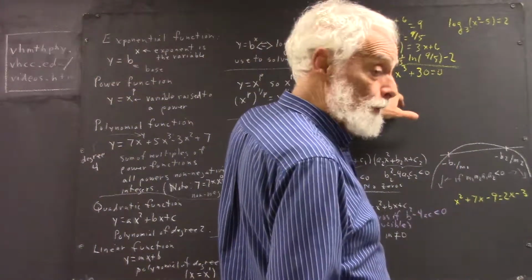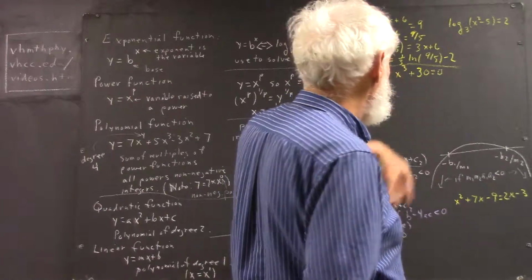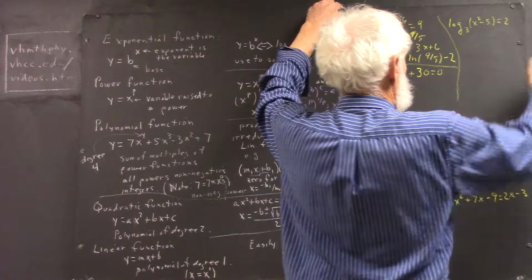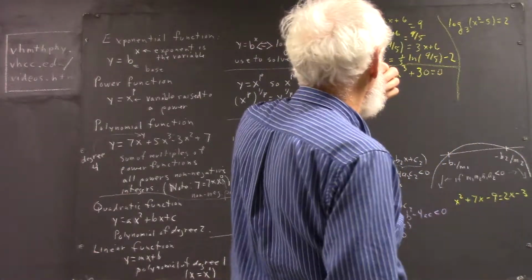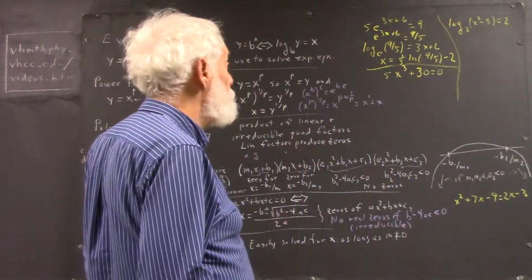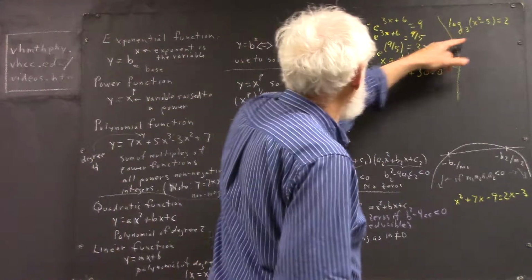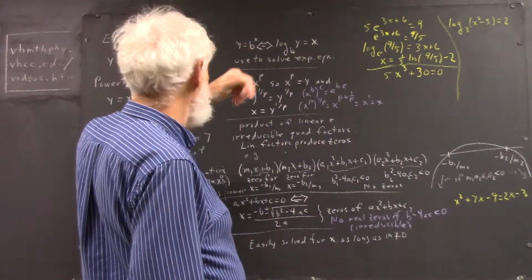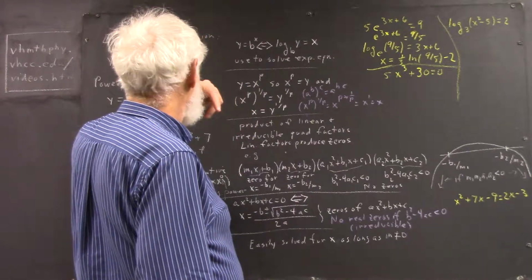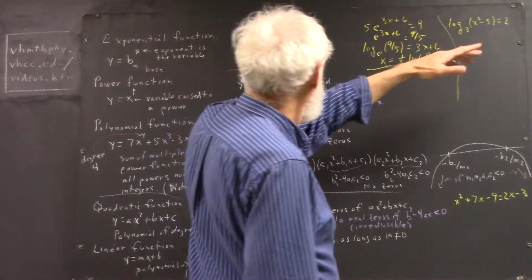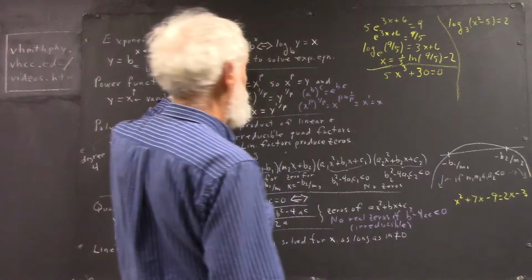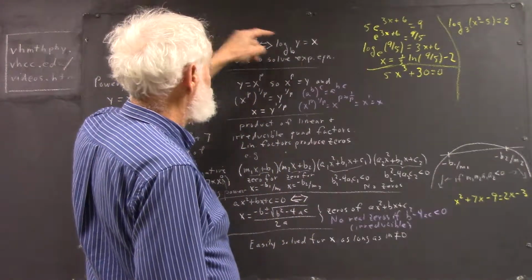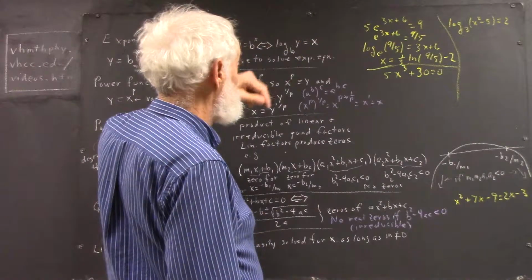Now I could have given myself more room here, but let's just let this log thing spill over here. Okay, log base 3 of x squared minus 5 equals 2. The base is 3, so the base of the exponential function would be 3. It's the log of x squared minus 5, so that would be here, and the 2 would be on the other side of the equal sign.